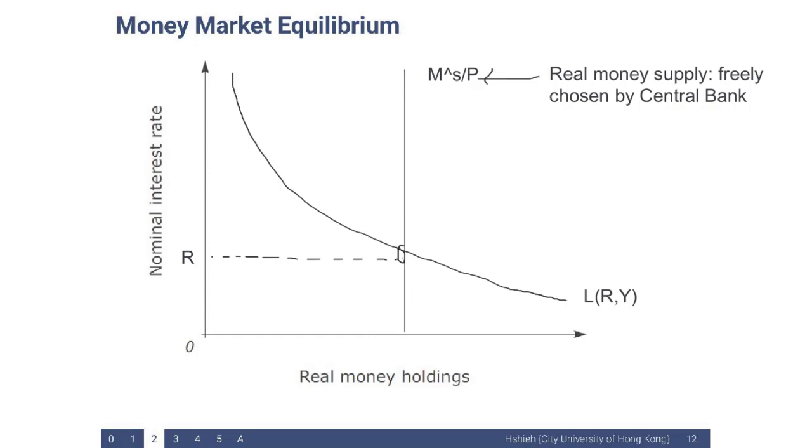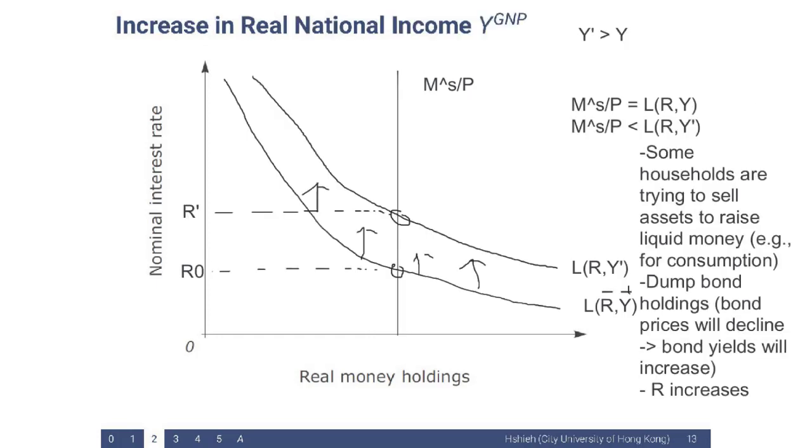All right, let's do a very simple exercise in which we look at an increase in real national income, Y, and see how that changes the money market equilibrium.